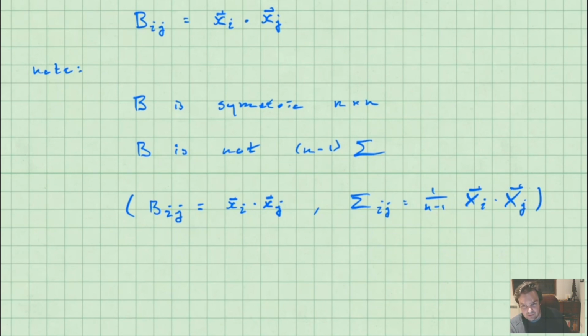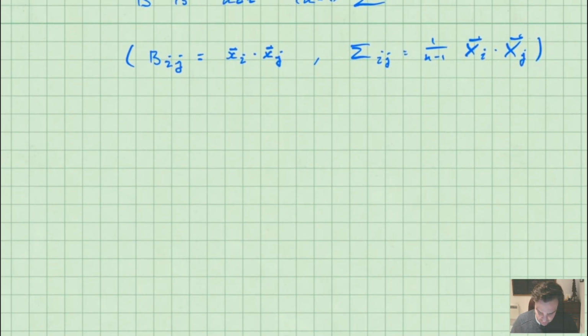So these are not the same. I only want to mention it because they look so similar, X transpose times X compared to X times X transpose. It's easy to think they're the same thing, but they're not.